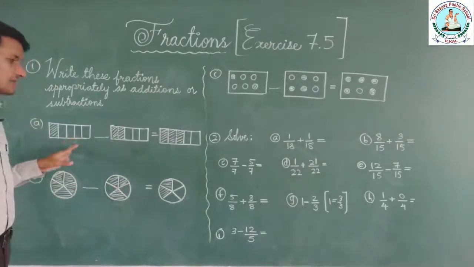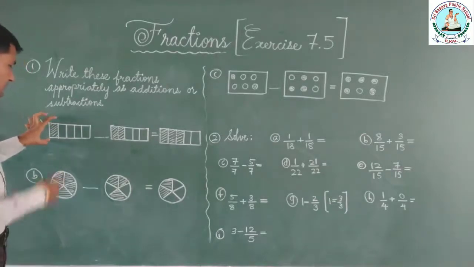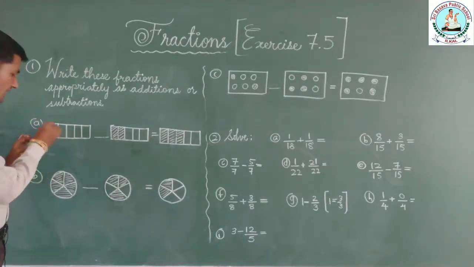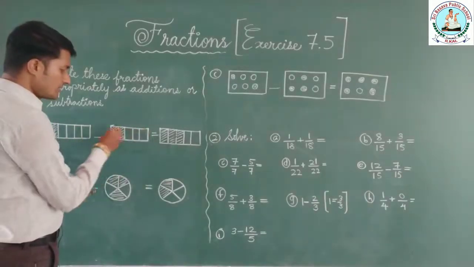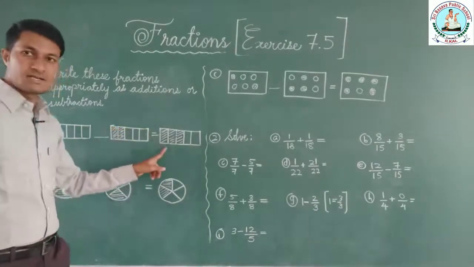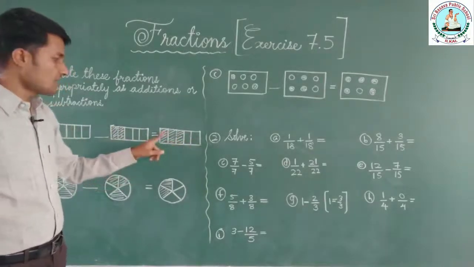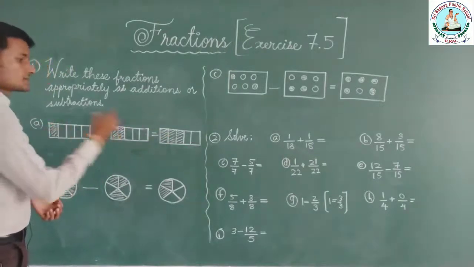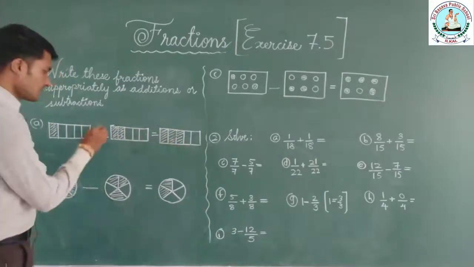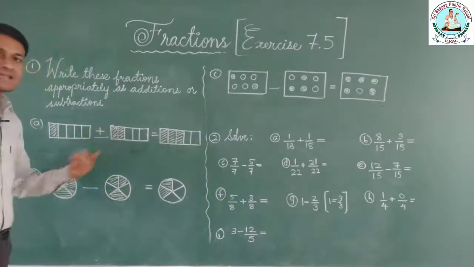When you look at the first one, in the first picture we have got 5 equal parts and one part is shaded, and in the second picture out of 5 equal parts 2 parts are shaded. In the result we got the same equal parts, but out of those we have got 3 parts, which means that these 2 parts and these 2 parts are added here. So that is why it is representing addition, and we need to represent these pictures with the help of fractions.